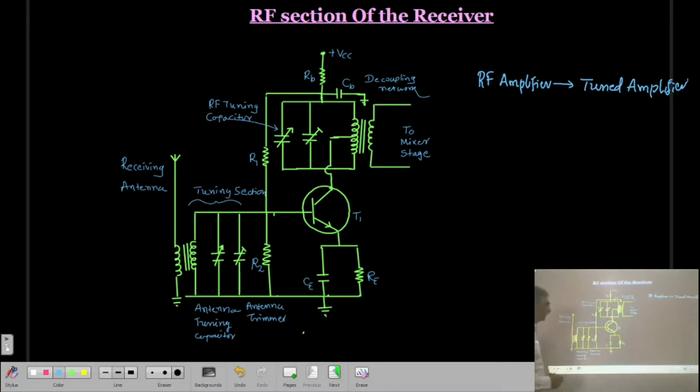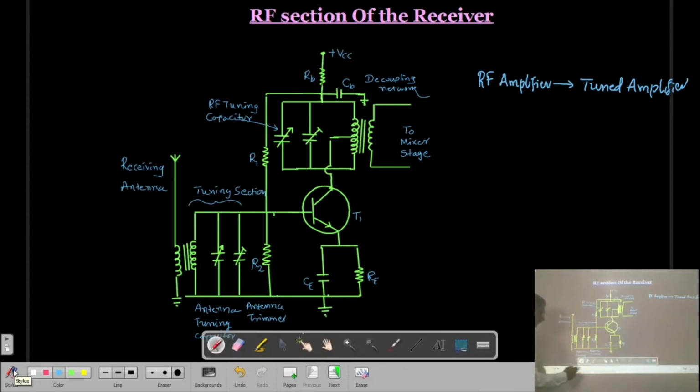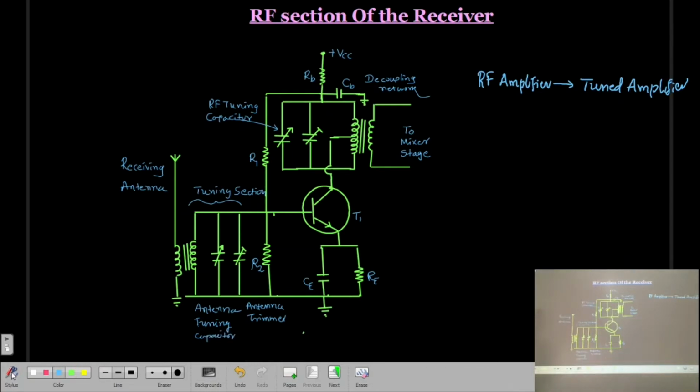Here we have used an NPN transistor. The resistances R1, R2, RE and the capacitor CE are used for proper biasing of the transistor.